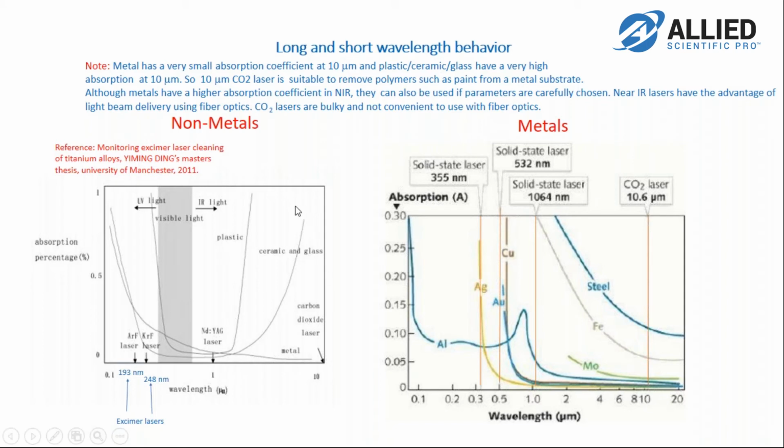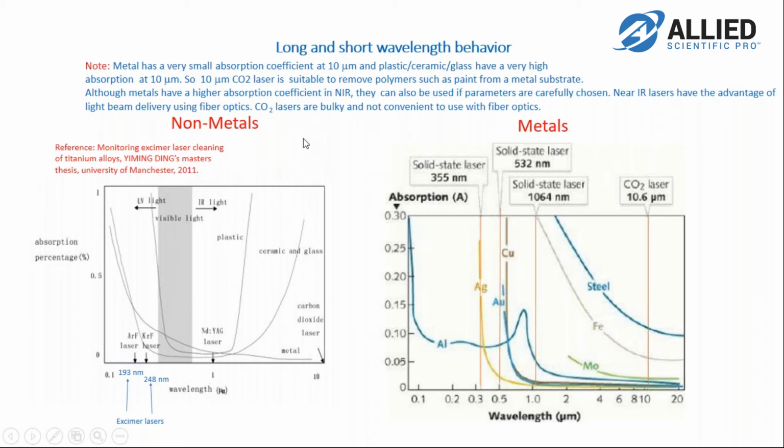On the other hand, when you go to some glass material or polymers, the absorption coefficient is larger at mid infrared compared to the near infrared. So the absorption coefficient decreases in near infrared.